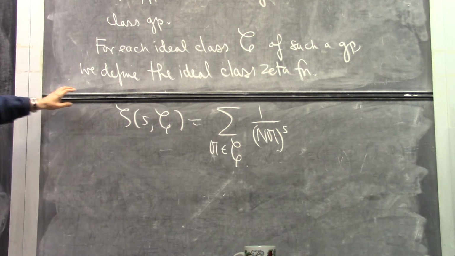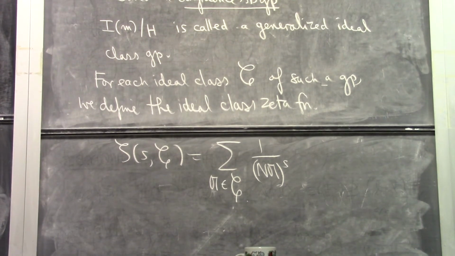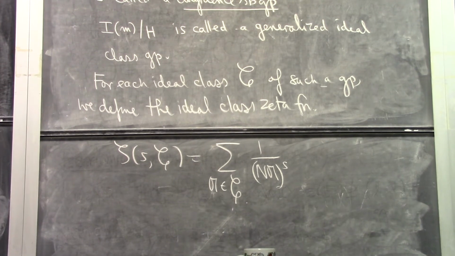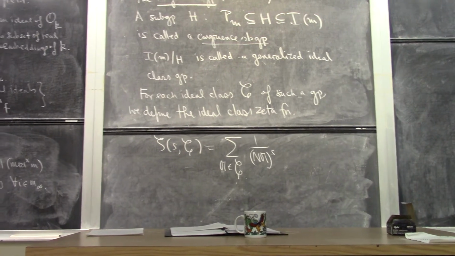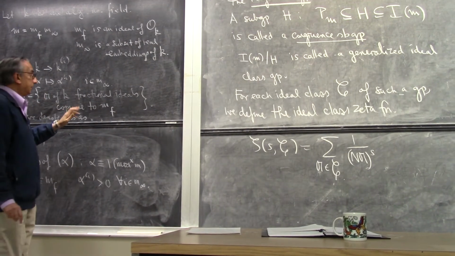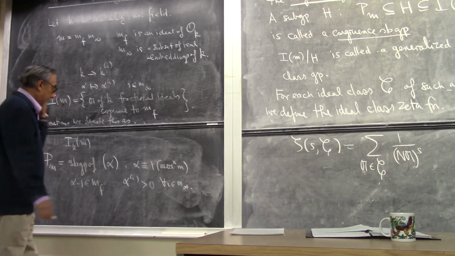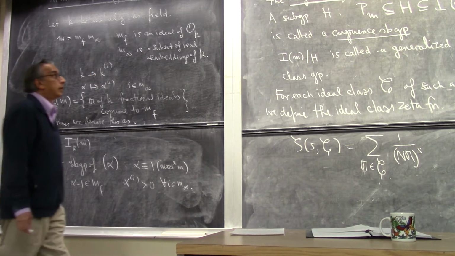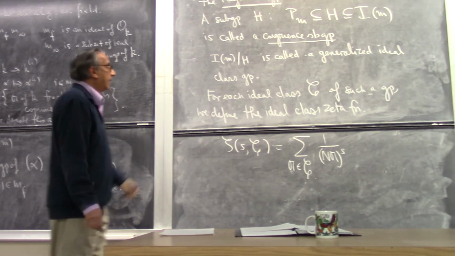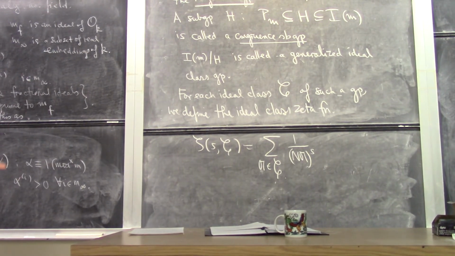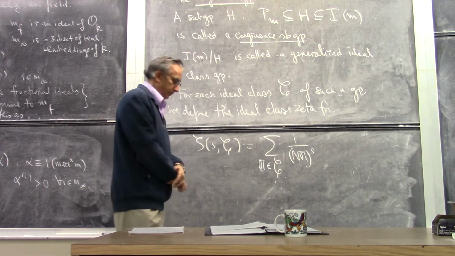So I hope everybody is clear that when I take m to be the full ring of integers in this definition, and m_infinity to be the empty set, which I can do, then the ray class group is the classical ideal class group. And so these are generalizations of the ideal class groups. So you have this ideal class zeta function.